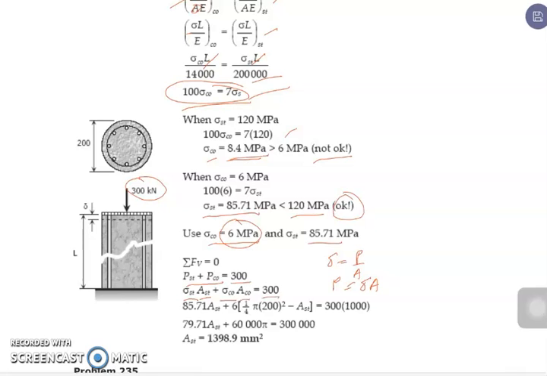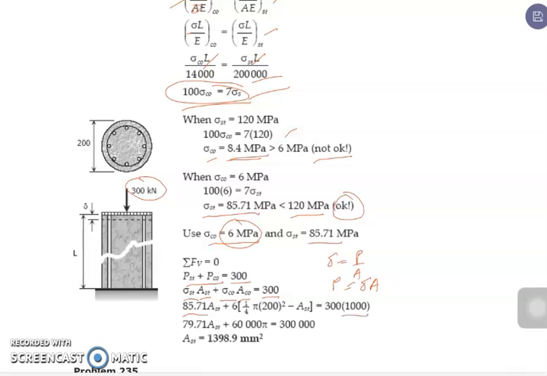So we substitute now the values. We have 85.71 times area of the steel plus we have 6, which is the stress on the concrete, times pi d squared all over 4. Here our outside diameter is 200, minus the area of the steel, equal to 300 times 1000.